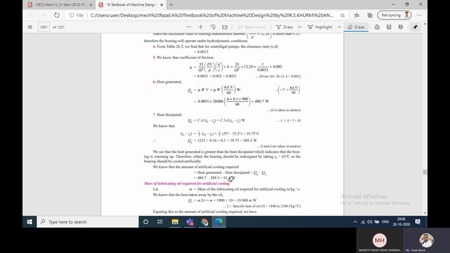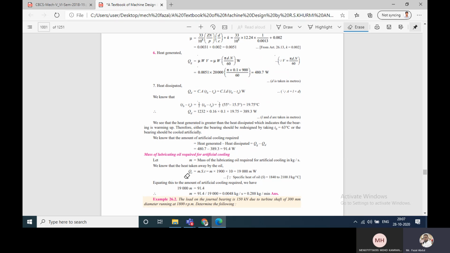So then what do we need to do? We need to supply an artificial cooling system. It means from an external source we are supplying the oil. How much oil we need to supply? That is the next question. That is QT equal MST. What is QT? This value is QT.